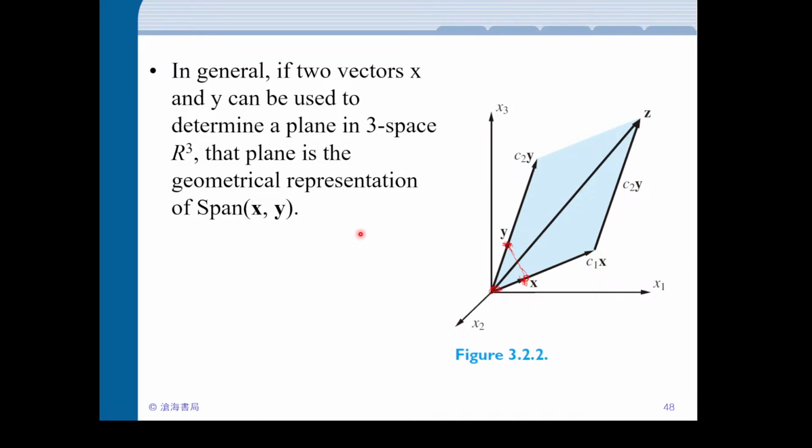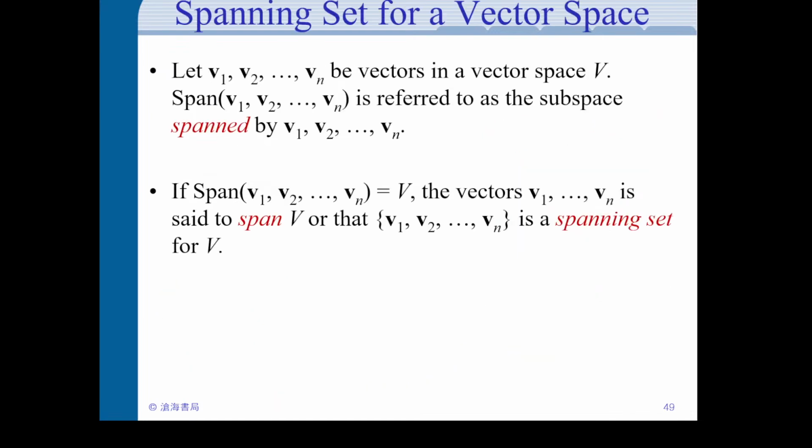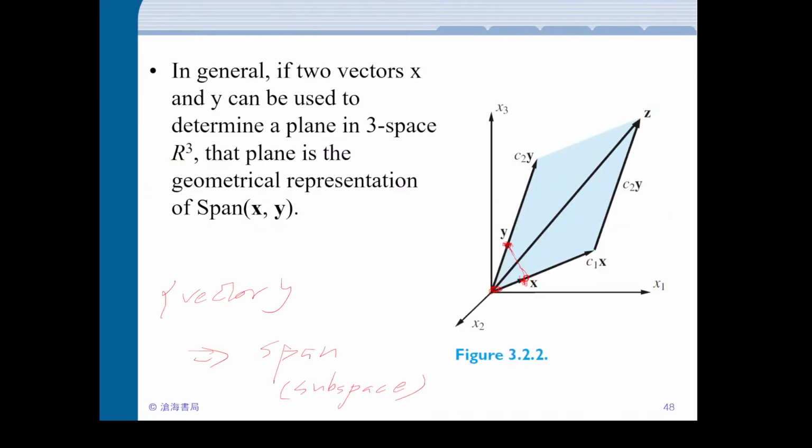So far we have talked about the definition of span. We go from a set of vectors, a whole bunch of vectors, to the span, which is a subspace. Now we go the other way around: if we have a subspace, we find the vectors that span it.